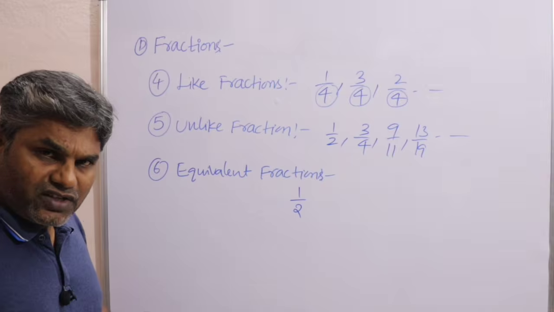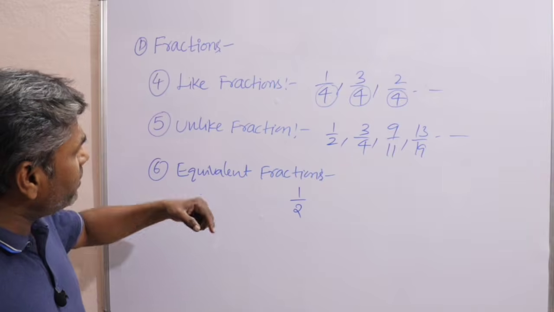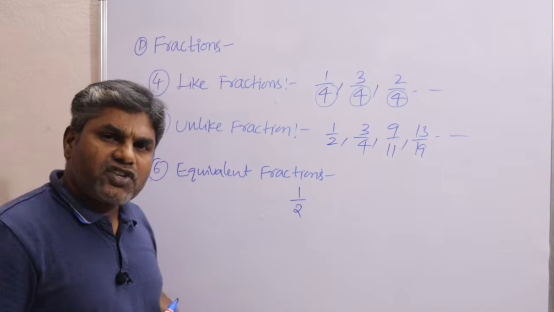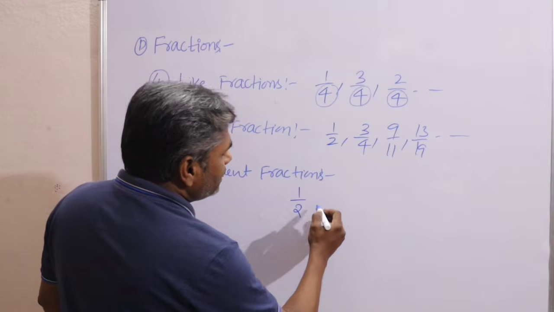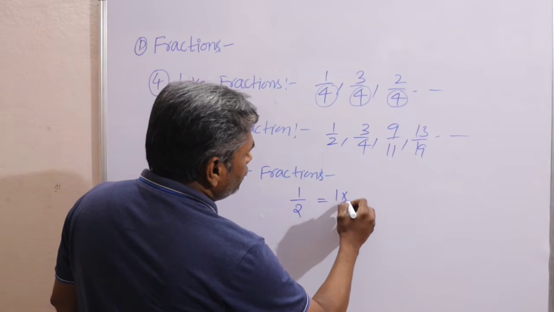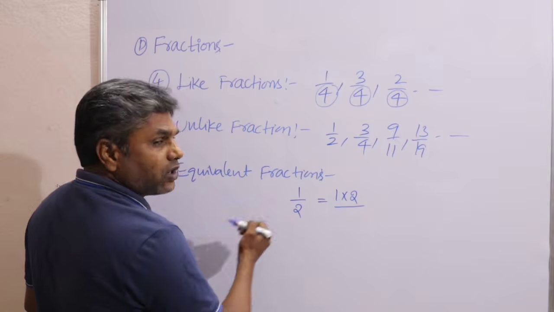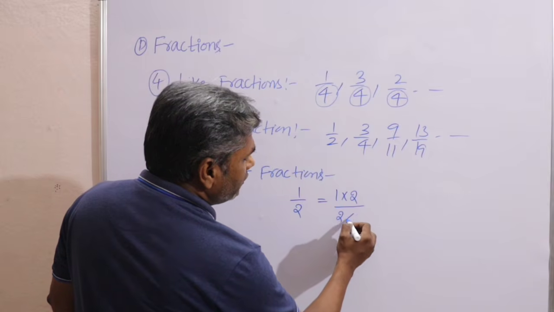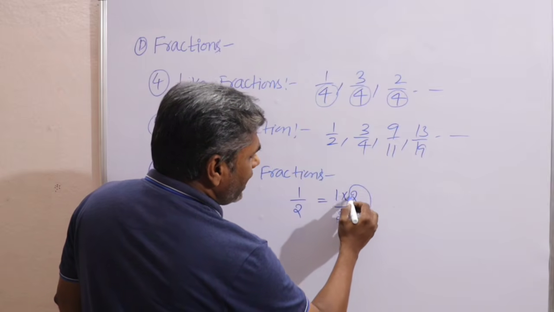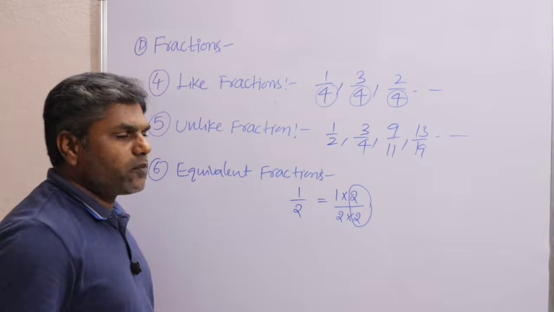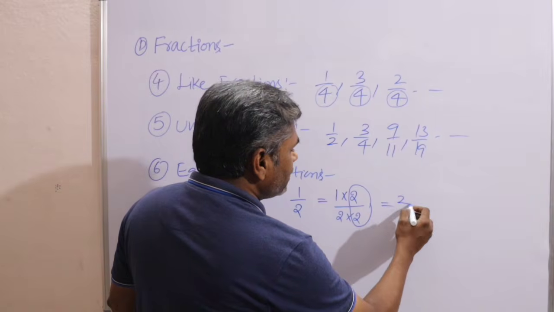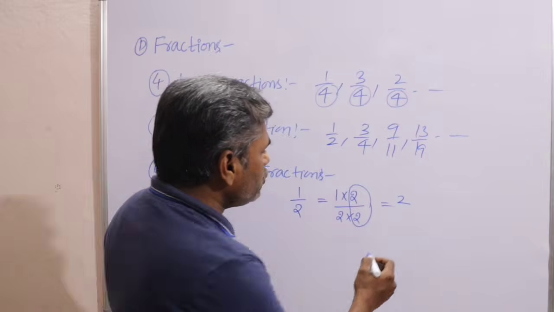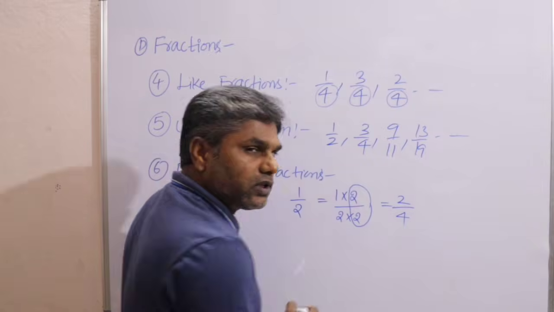See, this is a fraction. Whatever type of fraction, you may take a proper fraction or improper fraction, that will not matter. Now what I am doing here is multiplying the numerator with 2 and also the denominator with 2. Simply I am multiplying numerator and denominator with the same number. You will get a fraction: 1 twos are 2 and 2 twos are 4.